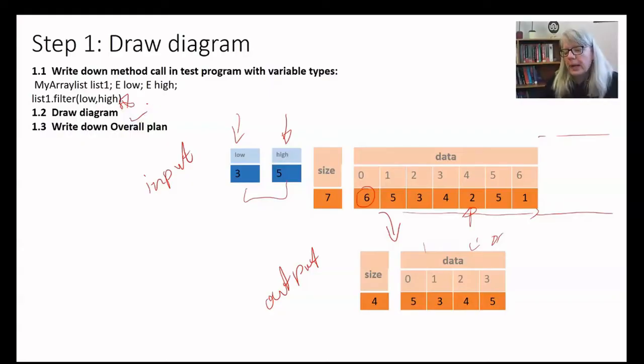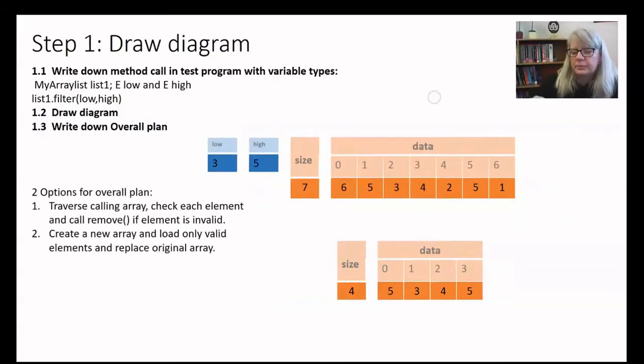Now for the overall plan. Think, how can we write in words what our mind just did? Let's have a look. This one is tricky. You have two options. You can traverse the calling array, that's now that orange, check each element and call remove if the element is invalid.